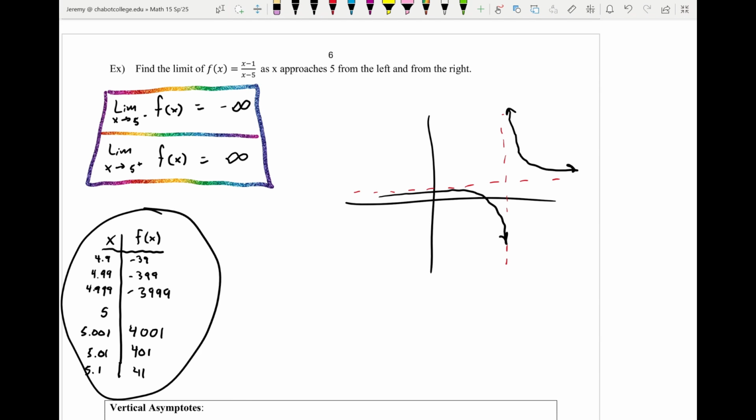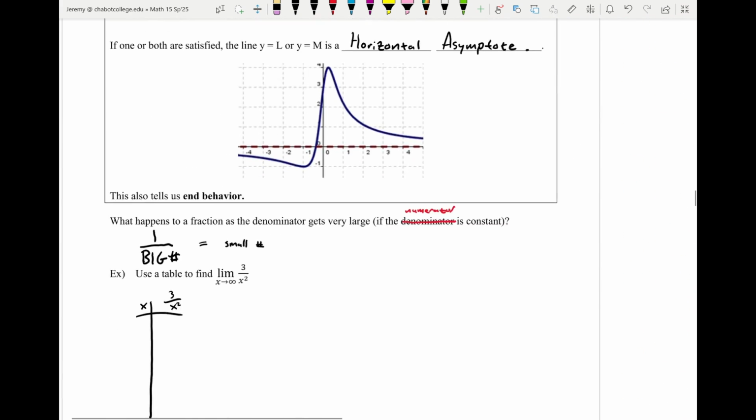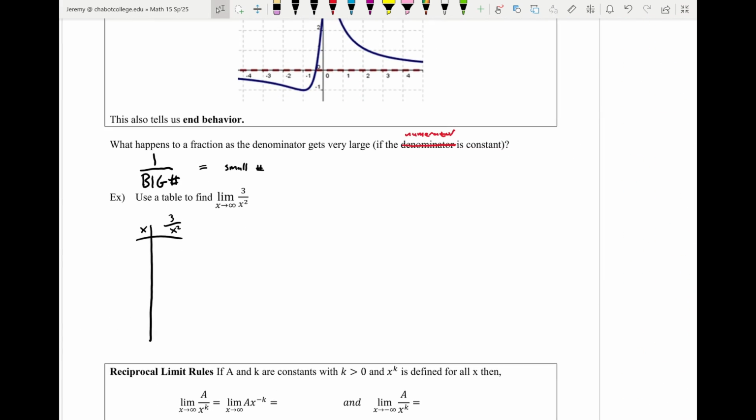We were deliberately picking these x values really close to the left and to the right of 5. So our strategy is going to change a little bit when we're looking at an infinite limit. Rather than plugging in values that are getting really close to some real number on the x-axis, we're just going to be plugging in really big numbers. Like maybe we'll start with 10, and then maybe we'll plug in 100, and then maybe 1,000.